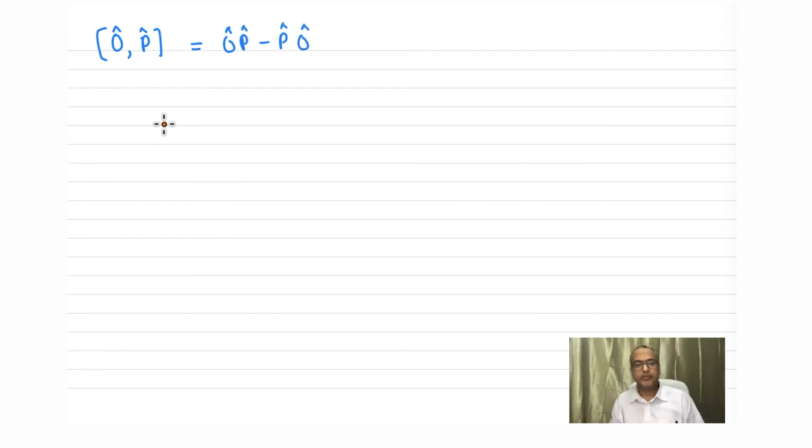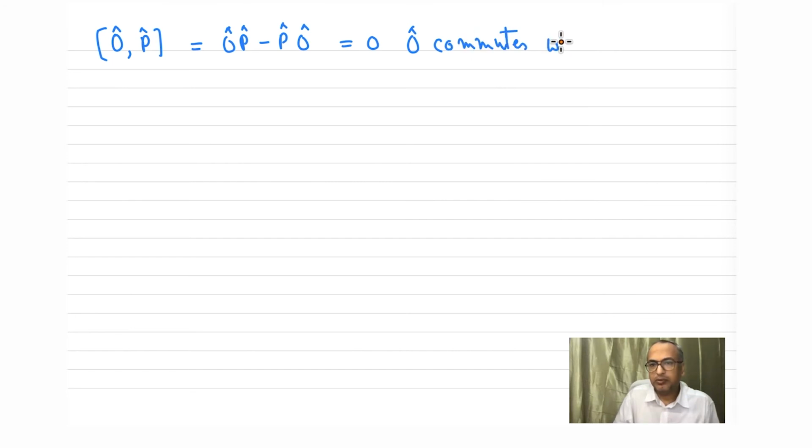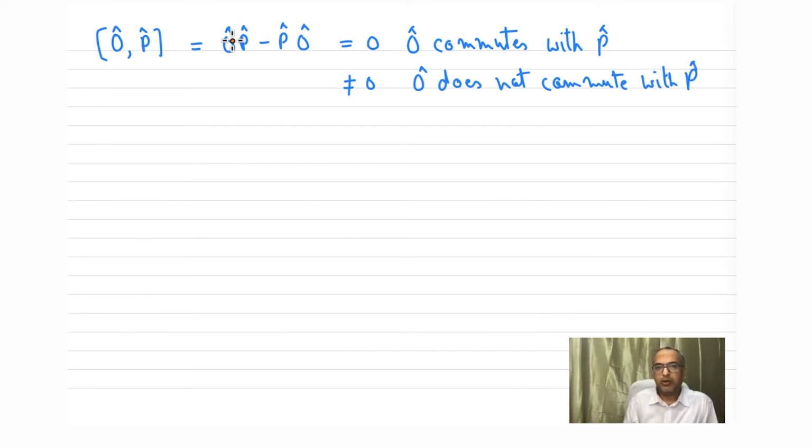We have to calculate this, and if this goes to 0, we say O commutes with P, parity. If this does not go to 0, we say O does not commute with parity.